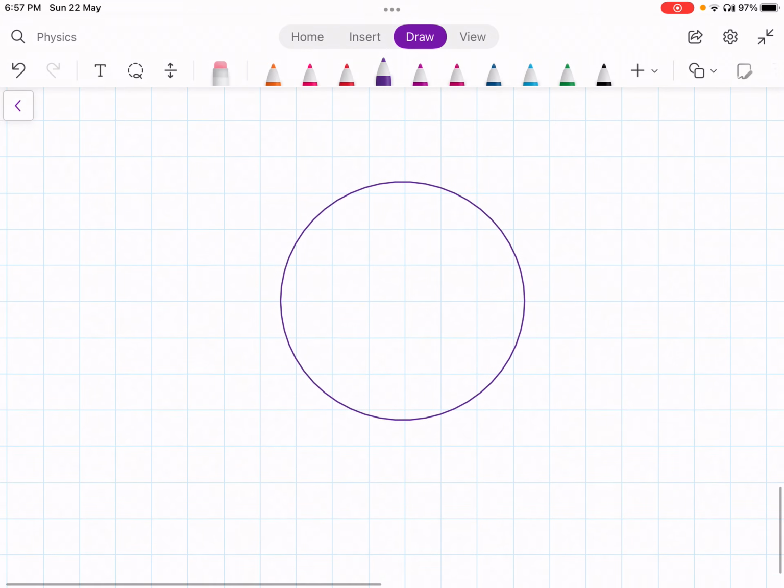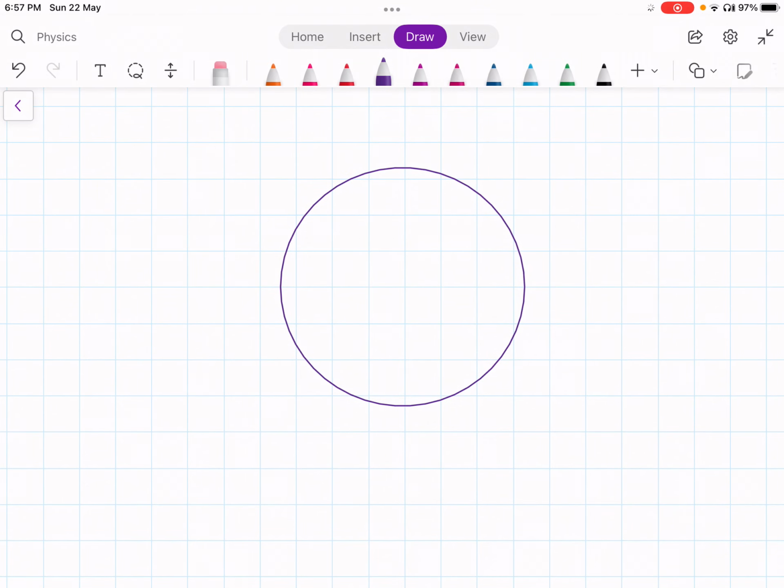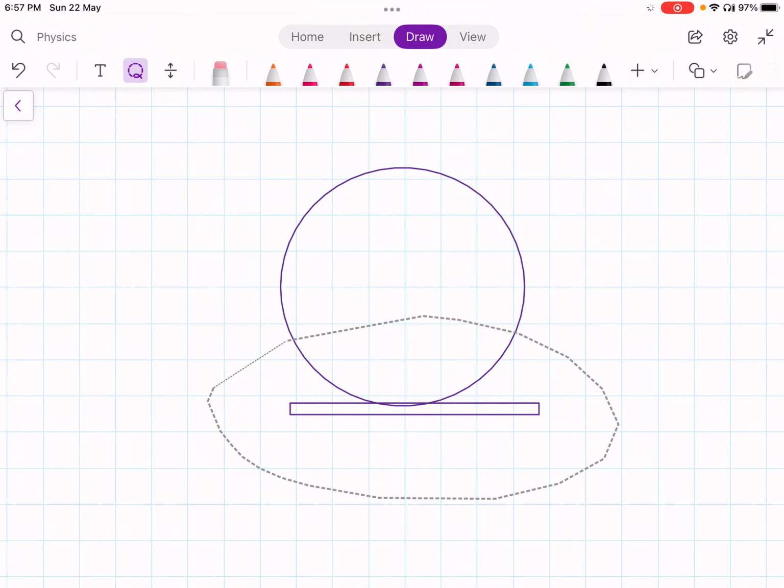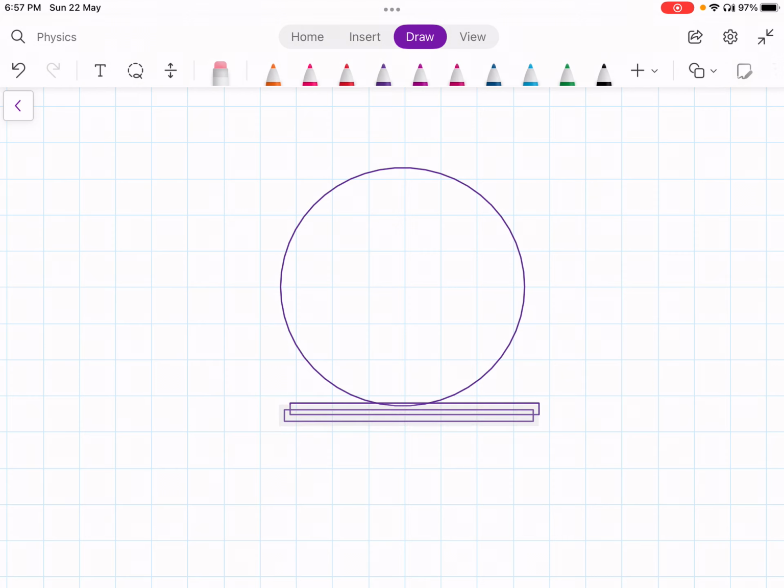In this circle, there is a plain glass plate at this point, touching the circle.